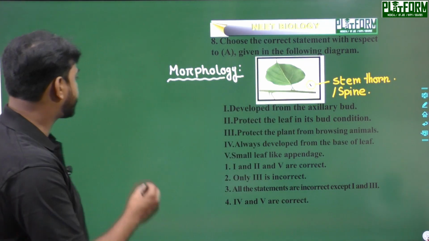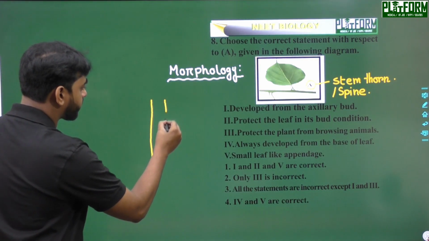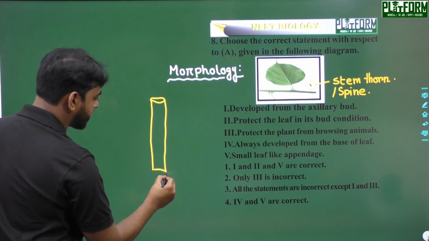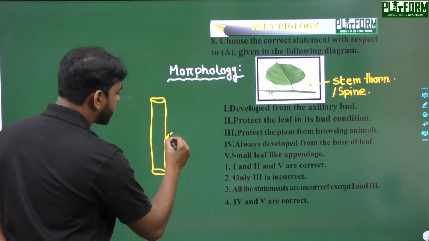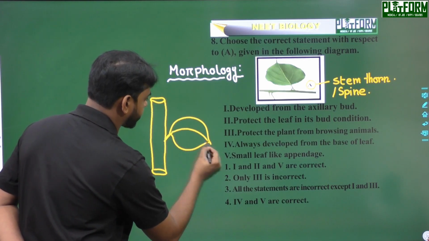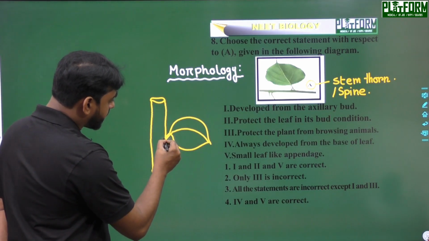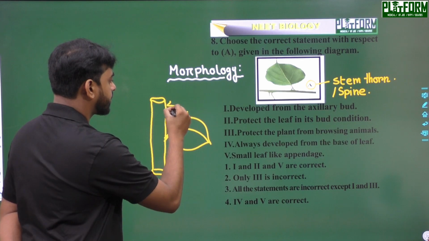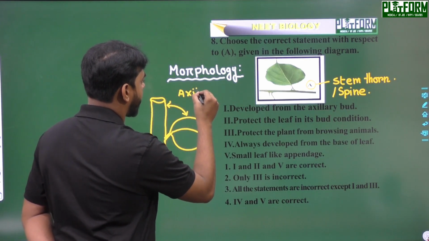What do you mean by the axillary bud? Let's assume this one is a stem, and a leaf is developed from this particular stem. This one is a leaf. Now the angle between the leaf and the stem, this is an angle. This particular angle is known as axil.